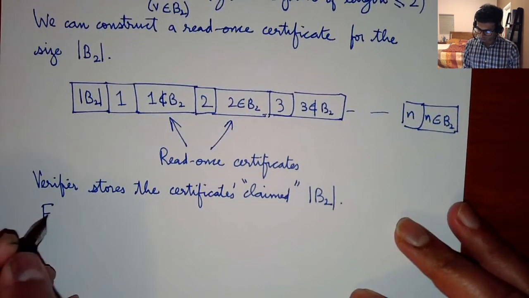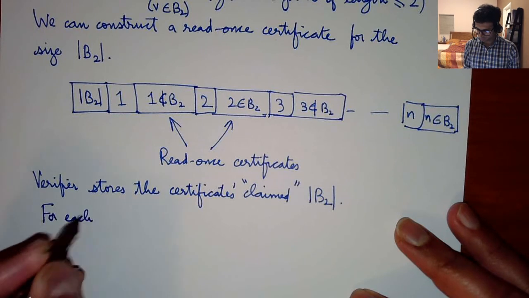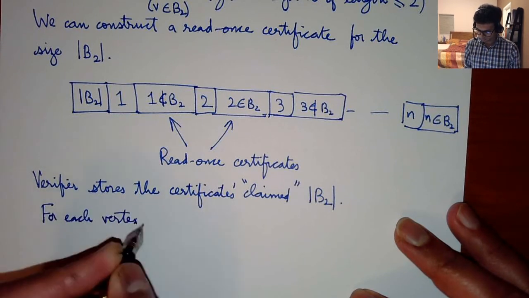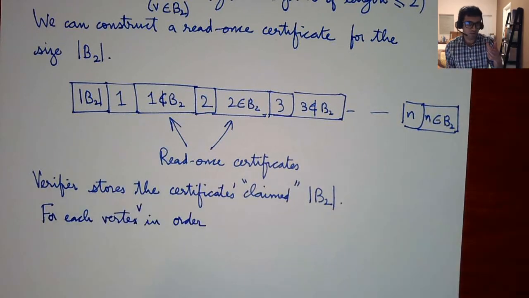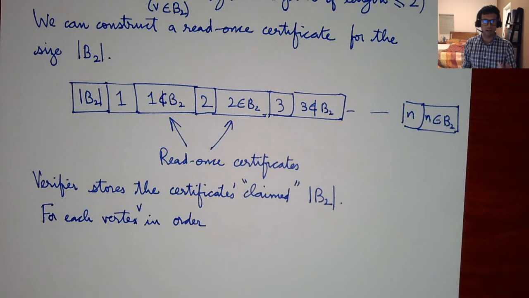And for each vertex in order, it can store, it's almost like an index. It's storing, now I'm looking at index i, vertex i. And the certificate is going to tell me, is i in B2 or not?